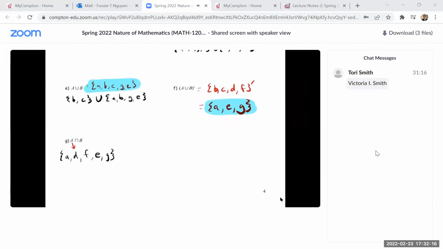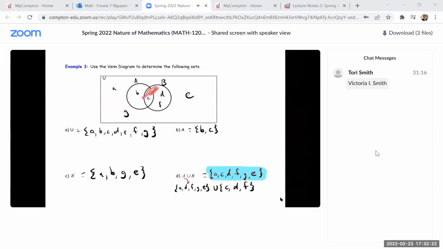Now we have to find B complement. So everything outside of B would be A, B, E, G.